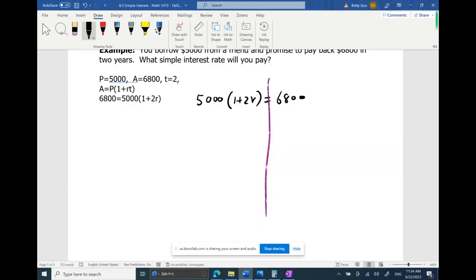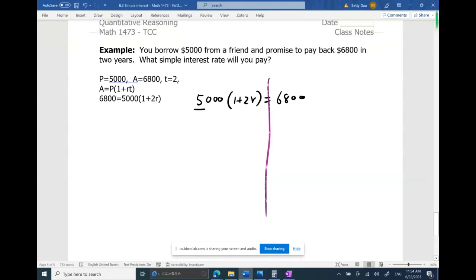So let's peel the onion. Imagine your unknown is hidden in the center of the onion. You get rid of the skin one layer after another and eventually expose the unknown variable in the center. When you peel an onion, you peel the outside skin first, and then you reach the inner layer, right? Same here. We are going to peel the 5,000 off.